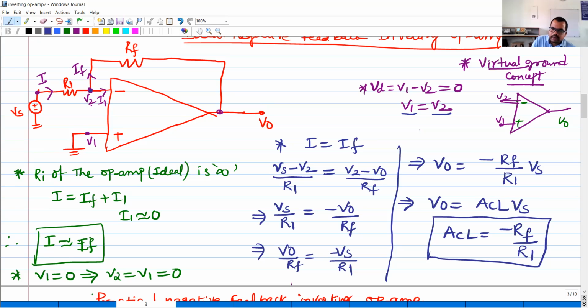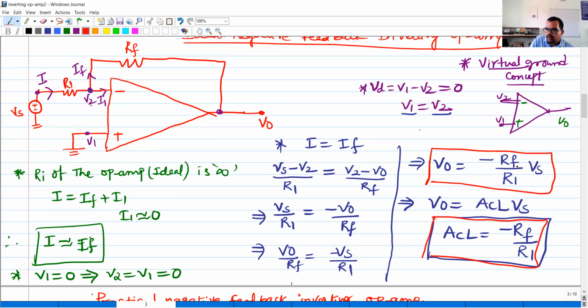Okay, remember this one. Finally, the closed loop voltage gain of the inverting operational amplifier is minus RF by R1. Output voltage is equal to minus RF by R1 into Vs. It says that the output of the inverting operational amplifier is a 180 degrees phase shift of its input amplified signal.